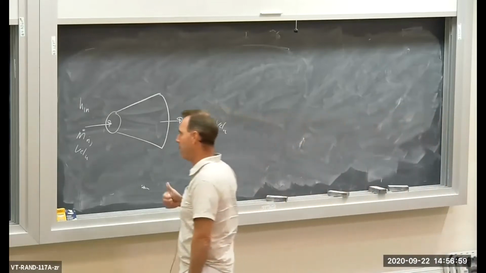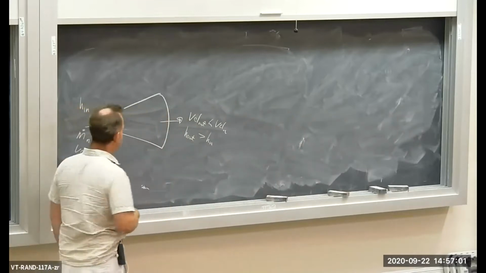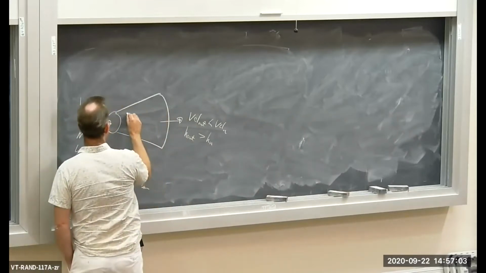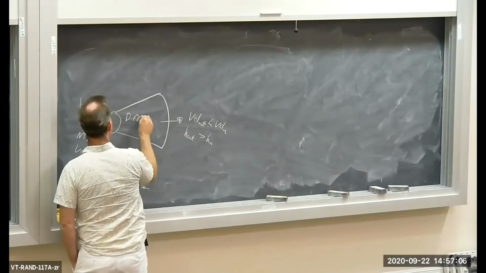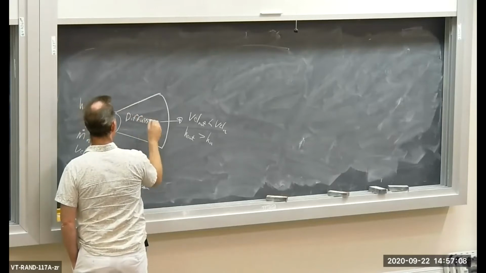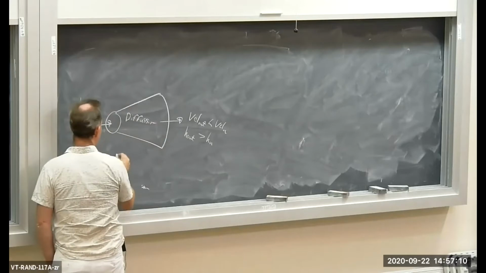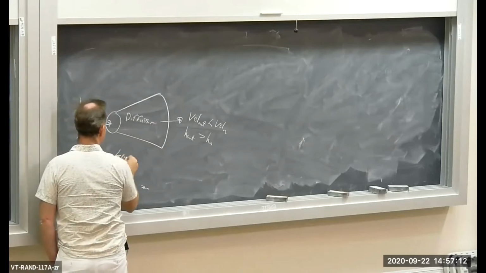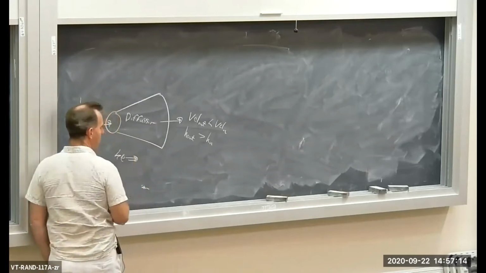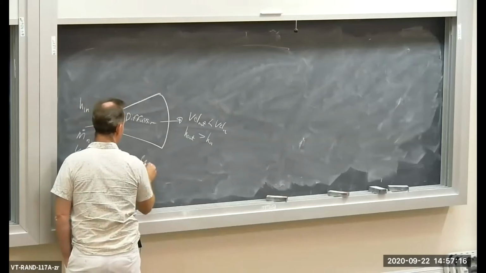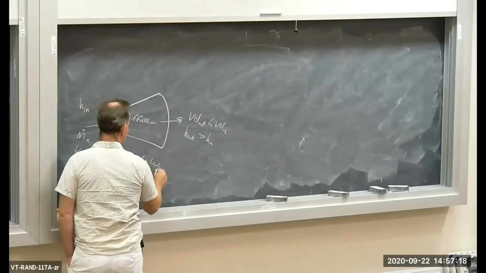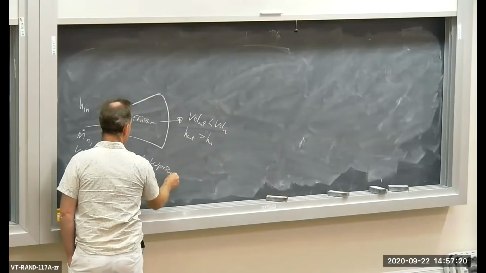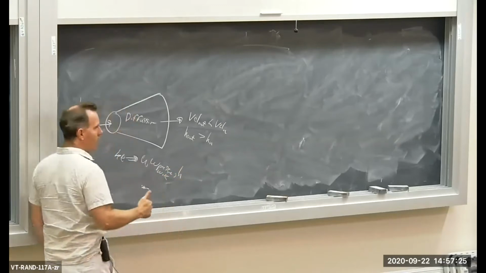Enthalpy goes up as we move through this device. This device is called the diffuser. The idea is we take kinetic energy and convert it into internal energy and pressure work. In other words, enthalpy goes up, okay?